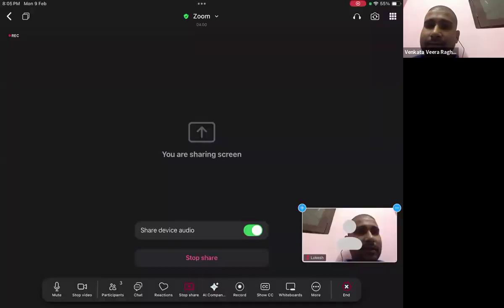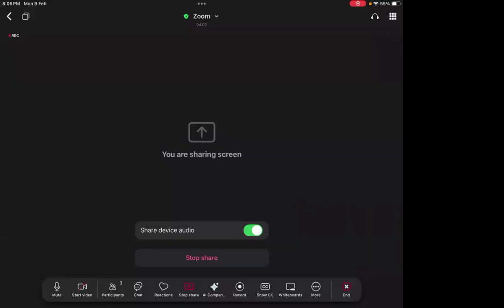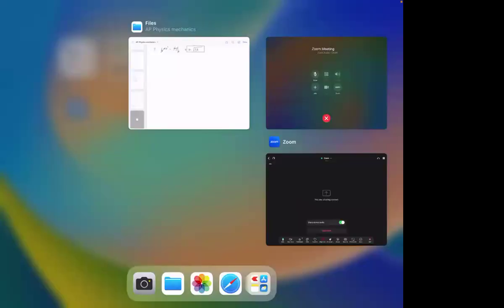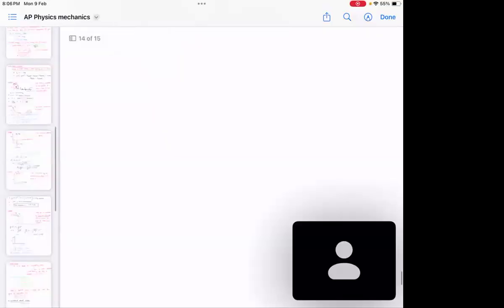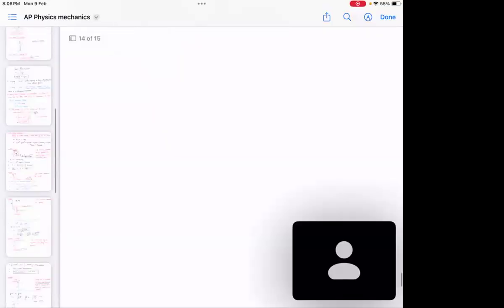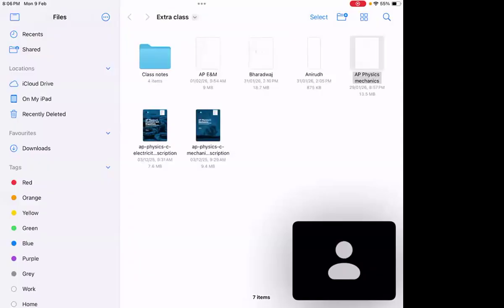Okay, let me just share the screen. So let's continue with the power part now. The next part of this chapter is about calculation of the power. So what does it mean by power?